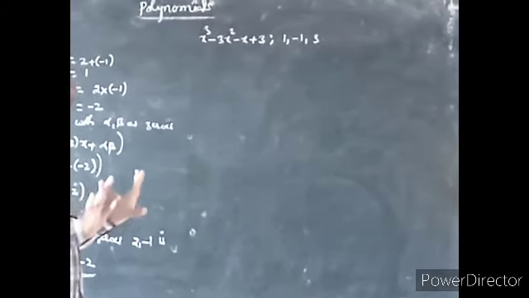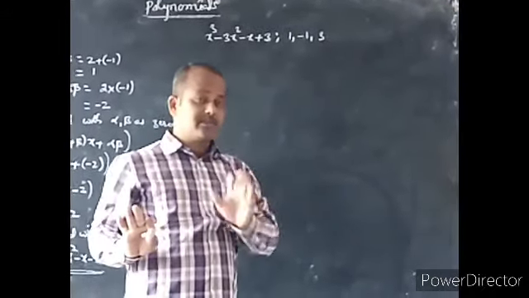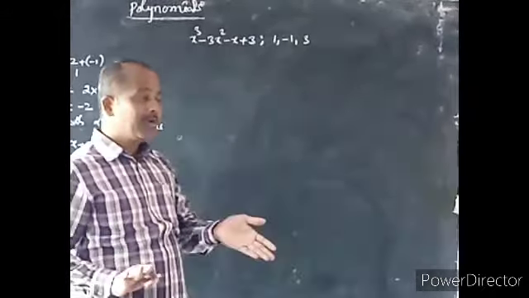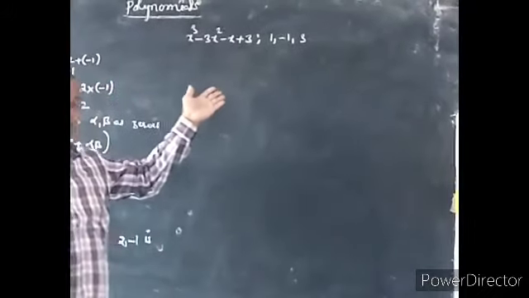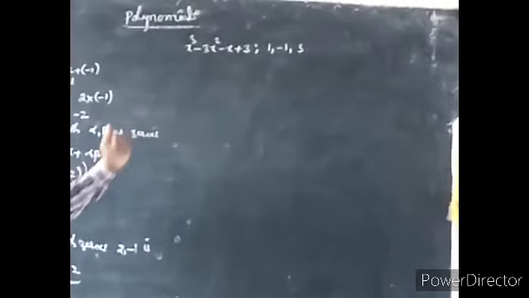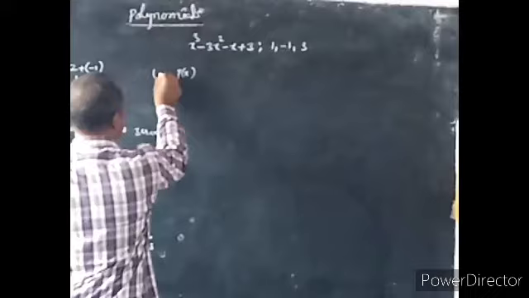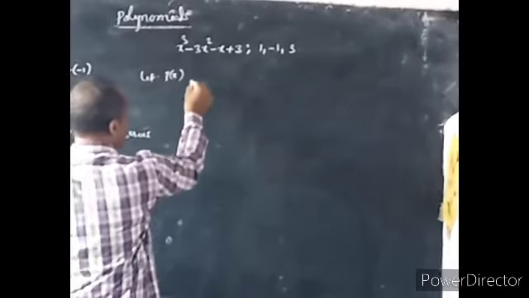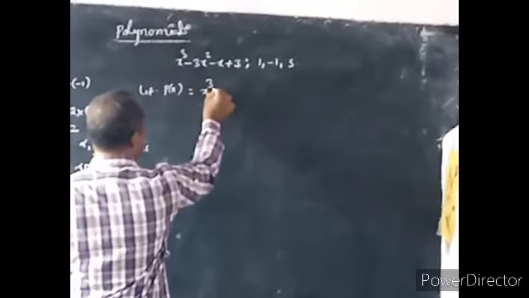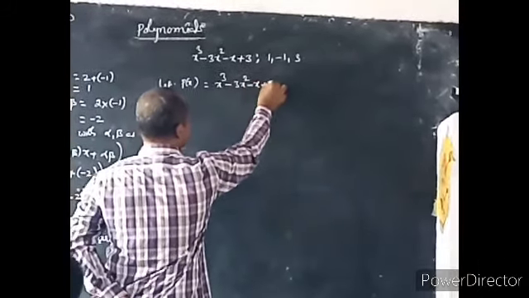Here we no need to find the zeros. We didn't ask to find the zeros. We are asked whether these are the zeros or not. How to check? By substituting the values in place of x, one after one. Now let p of x be equal to the given polynomial x cube minus 3x square minus x plus 3.